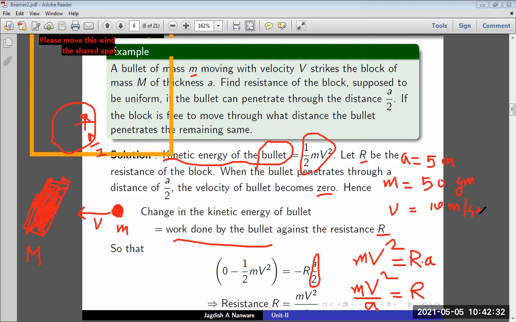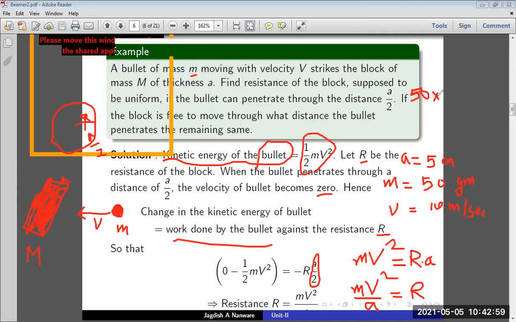And to find the resistance of the block, you can use this formula. Just put the value of m, v, and a. So m is 50, so I will do that calculation here. 50 multiplied by velocity, which is given as 10.